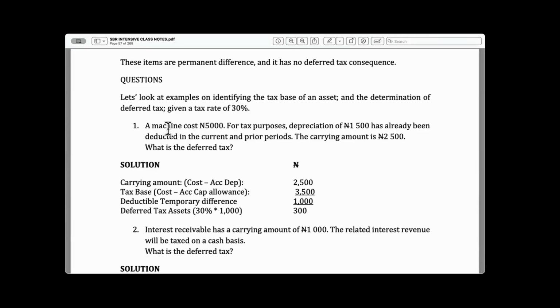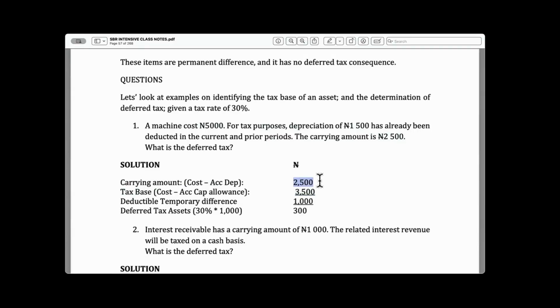So they gave us a machine, 5,000. For tax purposes, depreciation is 1.5. The carrying amount is 2.5. The tax base, which is cost minus the tax depreciation of 1.5, is 3.5. So it means that the taxman is giving me a deduction of 3.5.